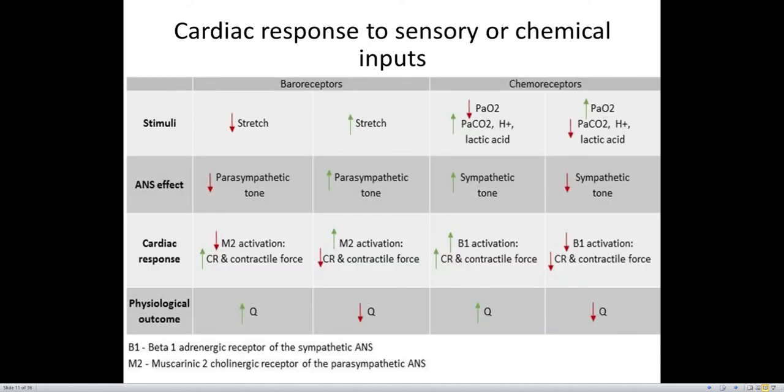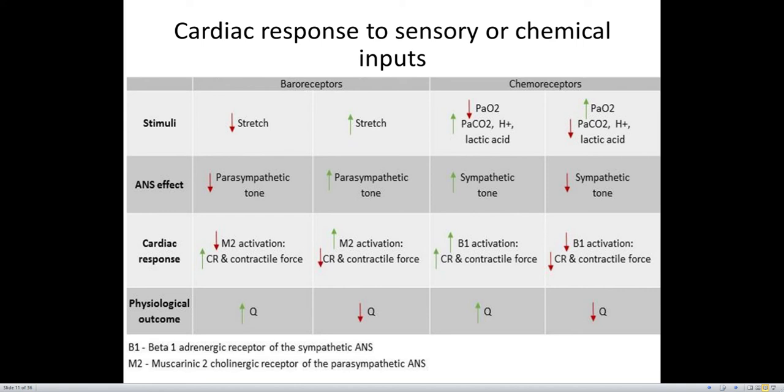Okay, so this table represents a summary of the cardiac responses that will occur when the baroreceptors or the chemoreceptors, which we haven't really talked about yet, come into play. So if the stimulus at the baroreceptor level is a decrease in stretch, this is going to result in a decrease in parasympathetic tone and therefore a decrease in muscarinic 2 activation.